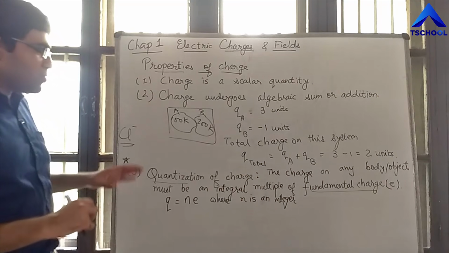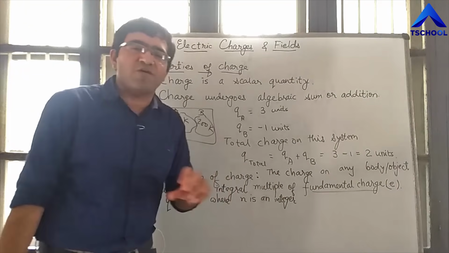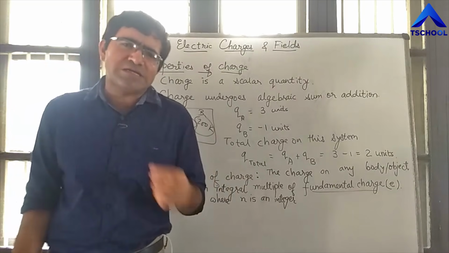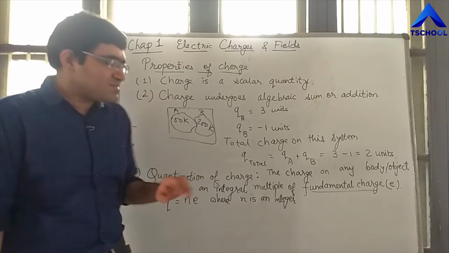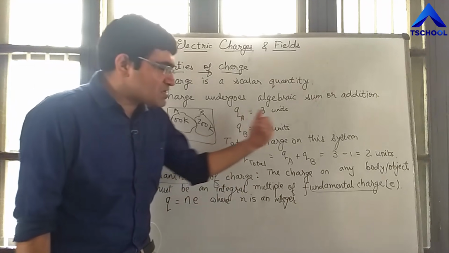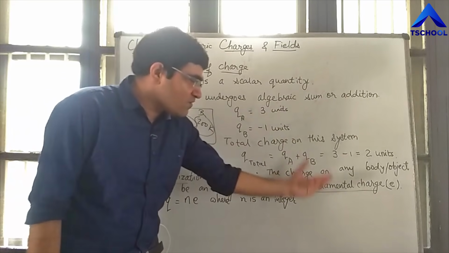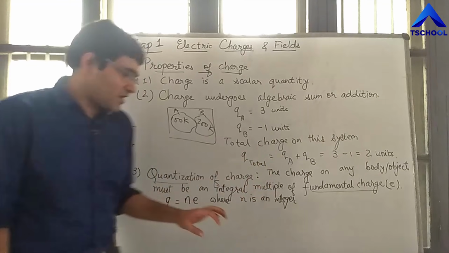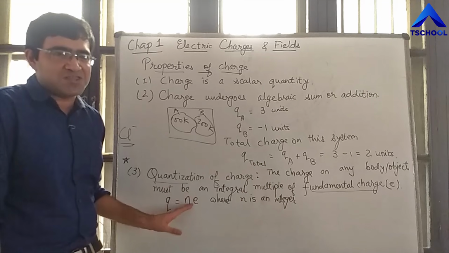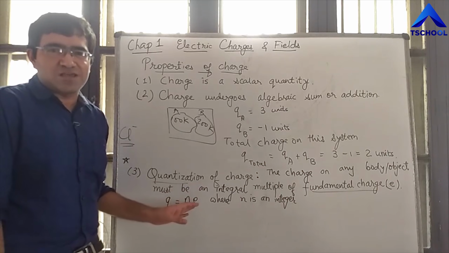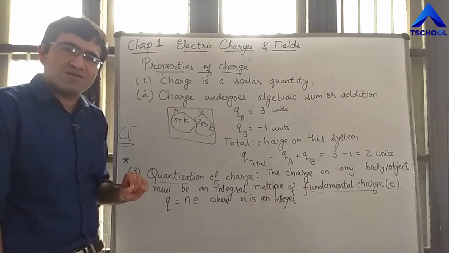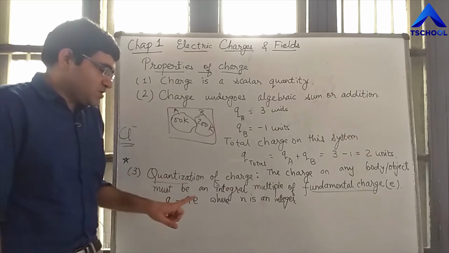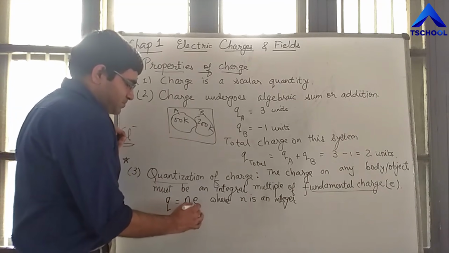So quantization of charge says that if you have any object, any body, then the charge on that object must be an integer multiplied with the fundamental charge, which is e. It could be 0e, 1e, 2e, 3e, 4e, 100e, 10,000e, integer into e. It could be minus 200e. But it can never be 3.14e.